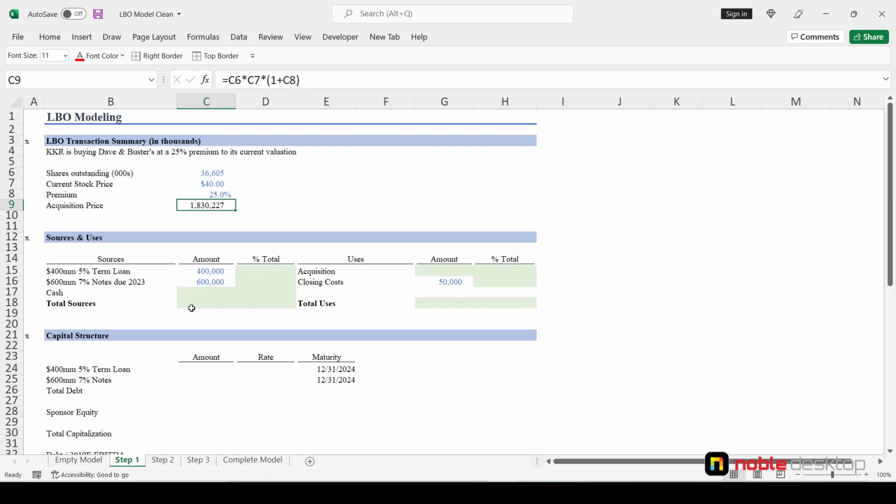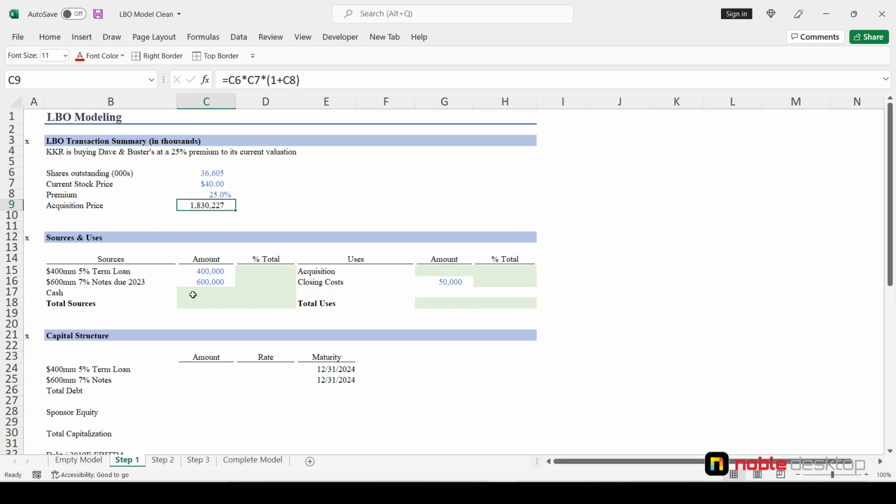Next is sources and uses of funds. The sources and uses table is a summary of the amount of funding required to complete an LBO transaction. The sources and uses section lists the total cost of acquiring the target in a hypothetical transaction structure. The uses side calculates the total amount of capital required to make the acquisition, whereas the sources side details how exactly the deal is going to be funded, including the required amount of debt and equity financing.